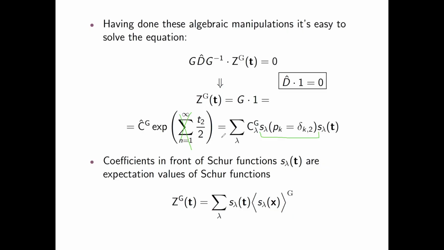Because we compare this answer that we got with the general expansion, we match the coefficients in front of the Schur polynomials over here, and this gives us exactly the result that we want.